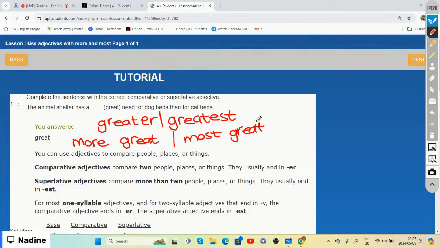Remember, if our adjective, like for example great, has one syllable, then we show the comparative or the superlative adjective by adding er or est. If that specific adjective has more than one syllable, then we add more in front of that word for the comparative adjective or most in front of the word for the superlative adjective.